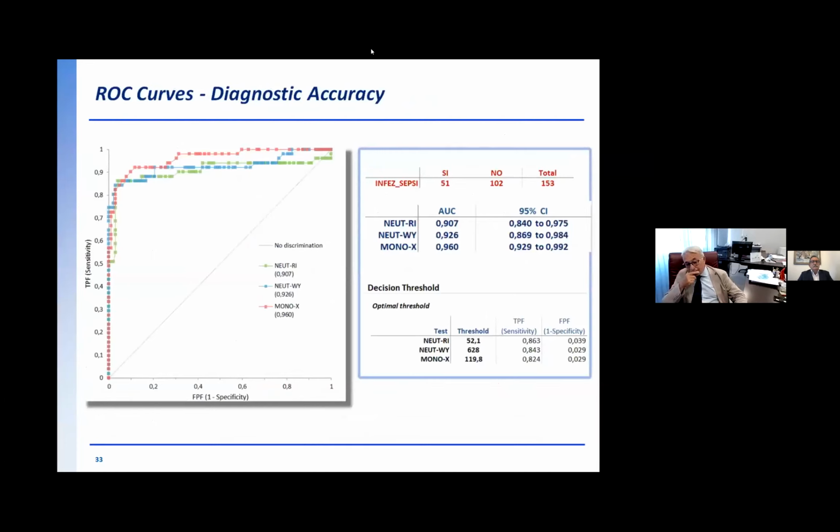This is the ROC curve study with parameters of neutrophils intensity, variability, and complexity of monocytes.